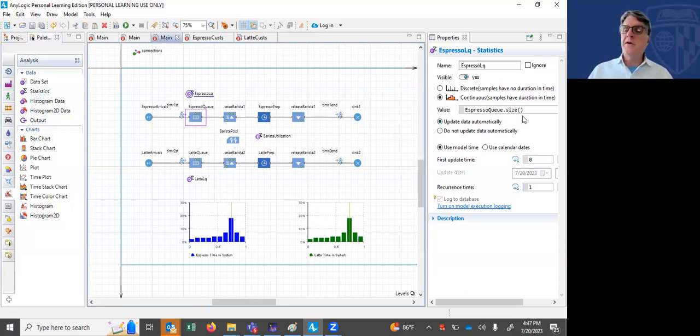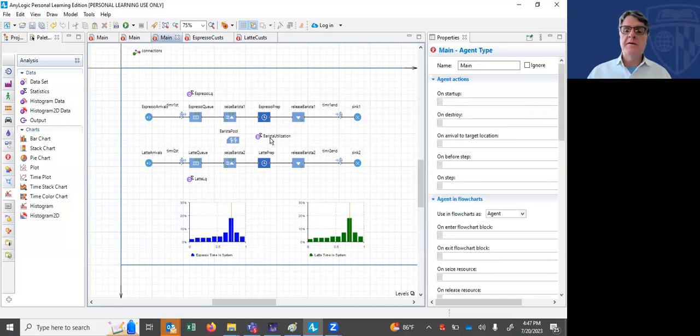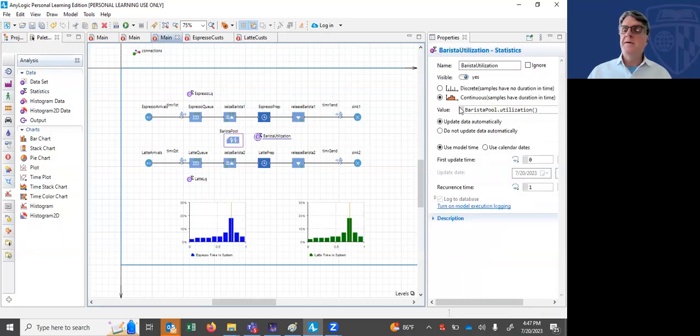I'm getting the espresso queue and figuring the average size, so I'm going to capture that. Also I want to get the utilization of the barista pool. If I click on this, you'll see barista pool utilization, and I'm going to capture that. And I'm also getting the average queue size of the latte folks.